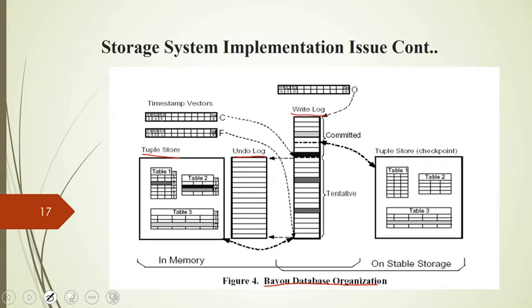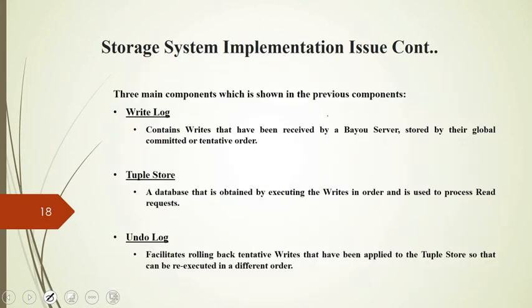All these are mainly used in the storage system implementation of Bayou. So these 3 main components shown in the diagram are the write log, tuple store and undo log, as I have said. So what does the write log contain?